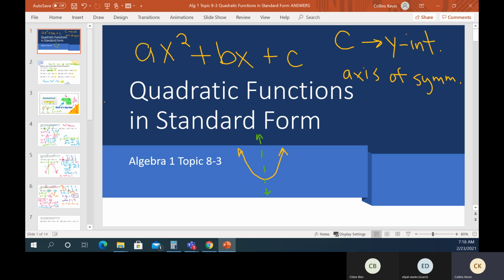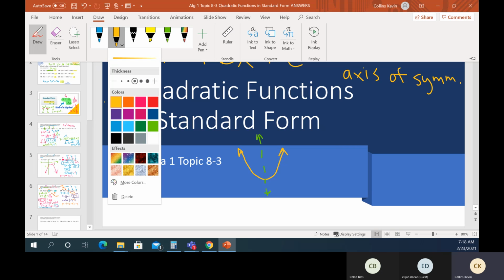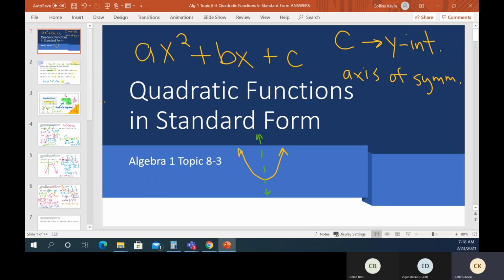Okay, so the way we find the axis of symmetry is a little formula, but kind of an important formula, so this is a good one to know. The axis of symmetry is x equals some number. So it's going to be x equals minus b over 2a. This one's kind of a big deal.